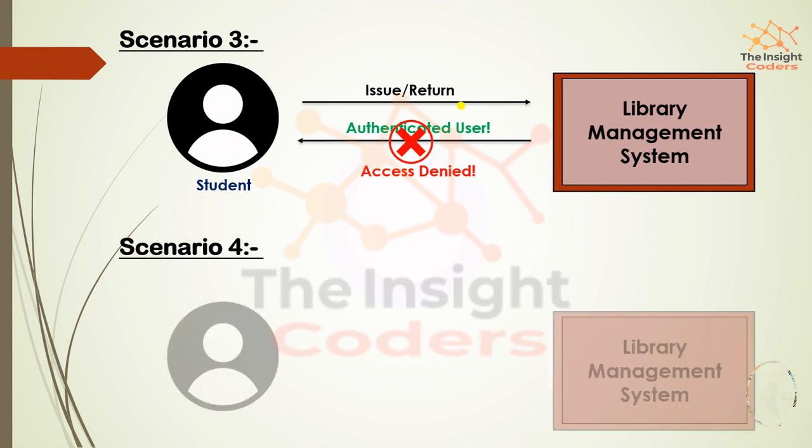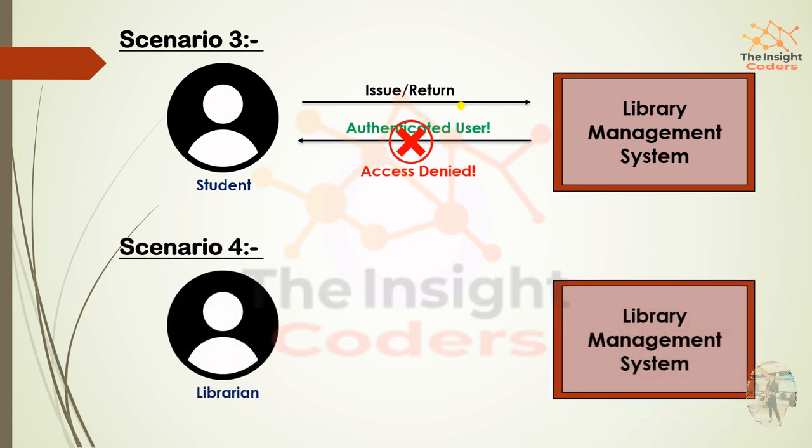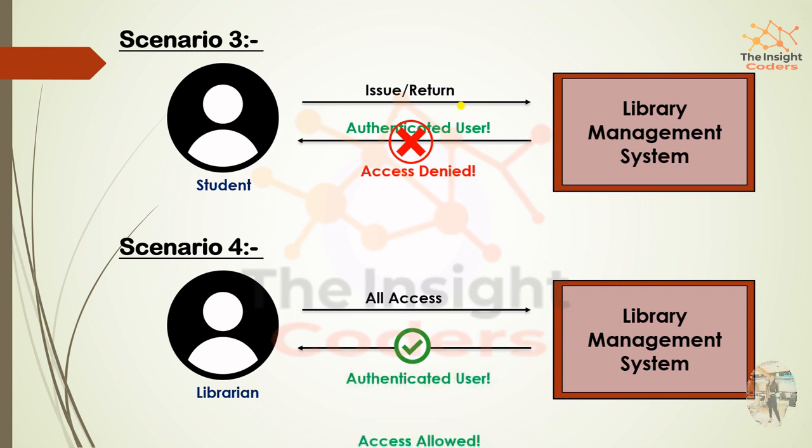Another example, the fourth scenario: now we have a librarian or a staff member of that library, and he has all the access to issue, return, manage the books, search a book, and do anything. So here the person is authenticated and also has the correct access to do that.